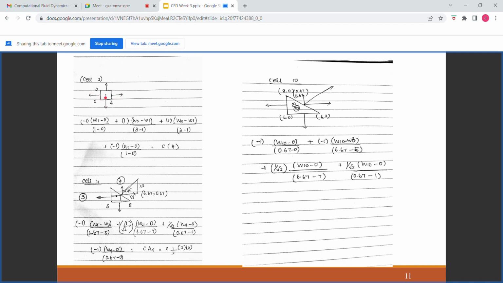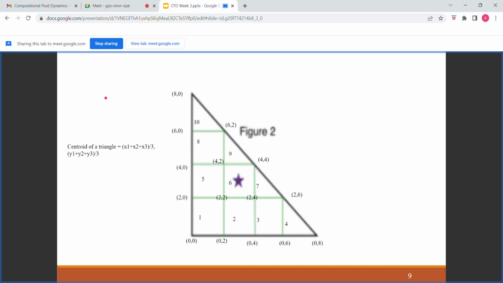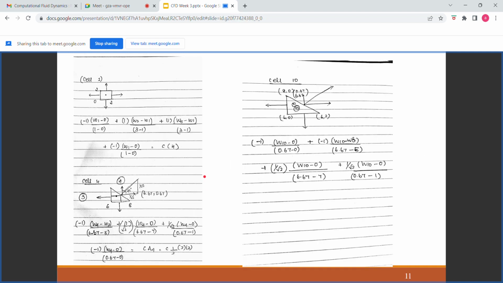Similarly for the top and bottom directions: going in the top direction, it is 1 into the cell above, which is cell number 5. So that is w5 minus w1, and the y-axis value at that point, the midpoint of that cell, that is the centroid of the cell, would be 3 minus 1. Here we are using the centroid points. That is a point to be noted here.